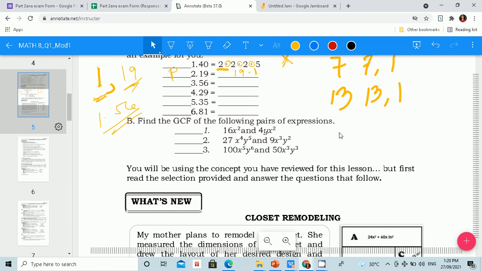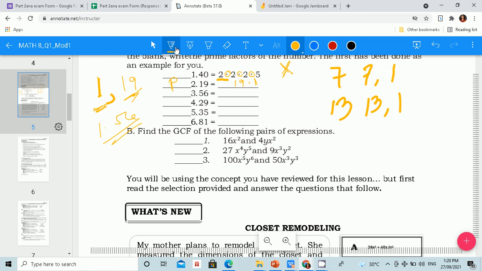So we are going to find a number that can be used to divide 16 and also be used to divide 4. It should be the greatest. It should be the highest.